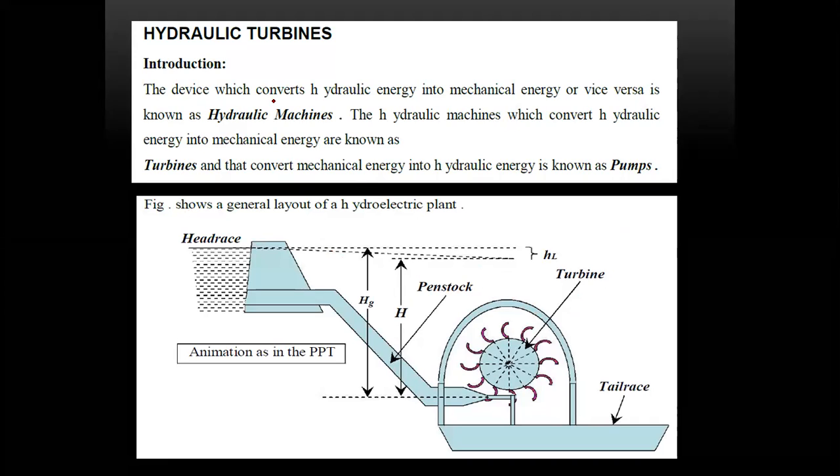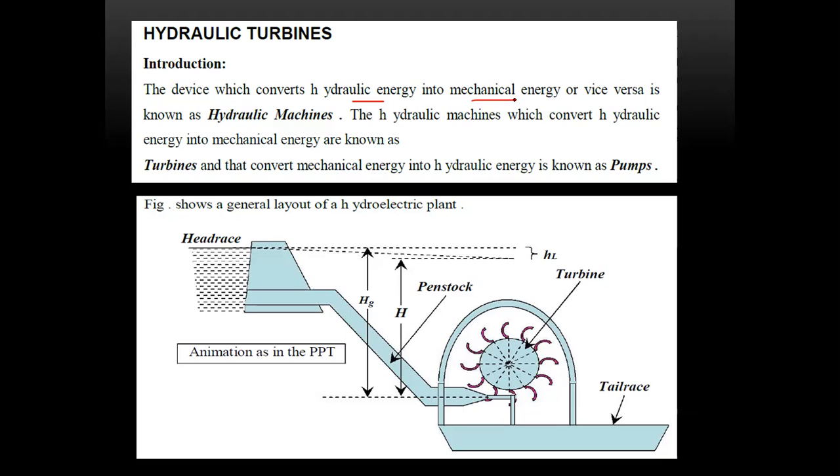What is the meaning of hydraulic turbine? A device which converts hydraulic energy into mechanical energy. Conversion of hydraulic energy into mechanical energy, or mechanical energy into hydraulic energy, is what we call hydraulic machines.